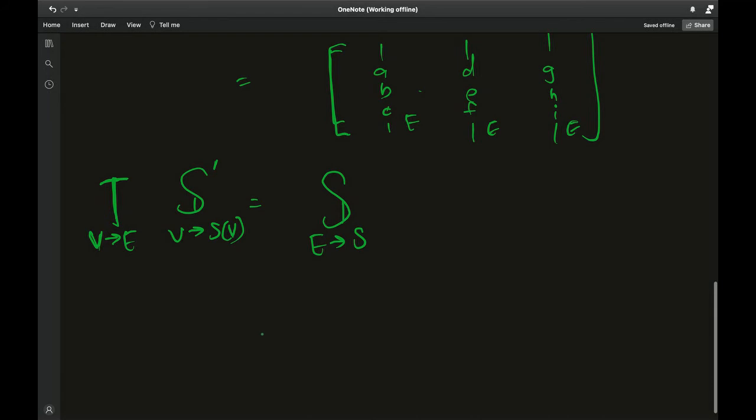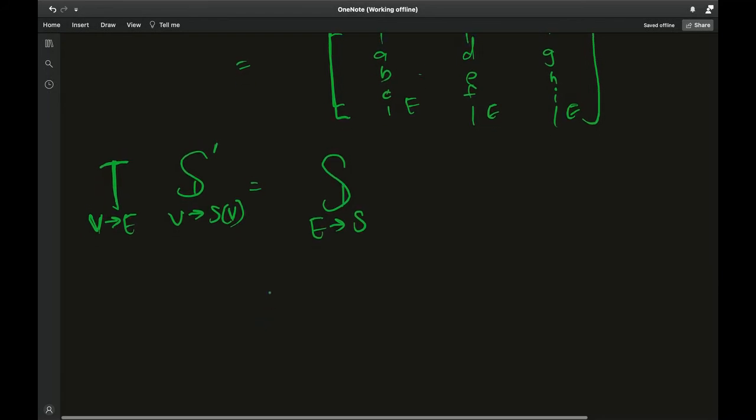But now here's the problem. Think about it this way: if these are functions, the right hand side is taking input from space V, basis V, and giving out something that's in E. Call this f. And think about the left hand side this way.